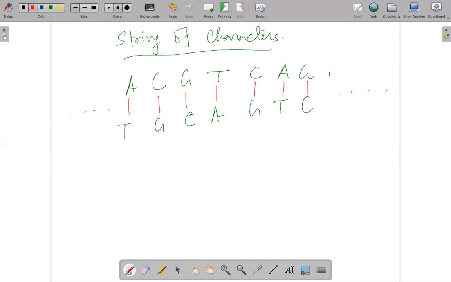And these red arrows are indicative of the hydrogen bonds which hold them together.